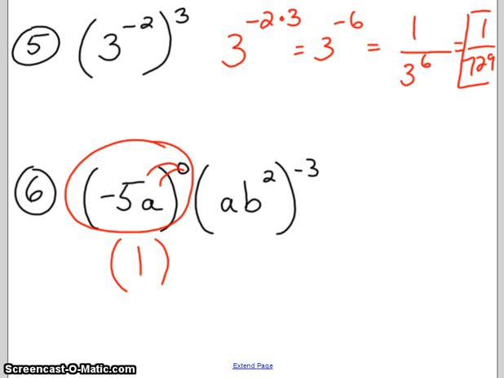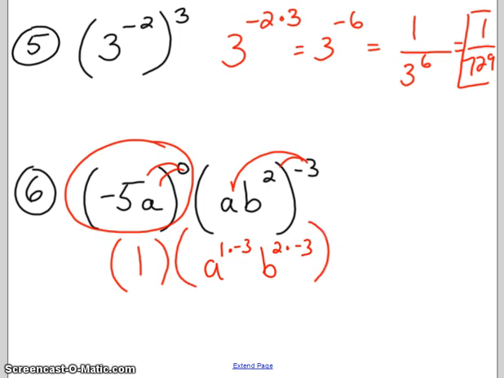Okay? This one, ab squared, raised to the negative 3, we take the negative 3, it goes to the a, so it's a to the 1 times negative 3, and then b to the 2 times negative 3. Well, we're multiplying everything by 1. Anything times 1 is itself.